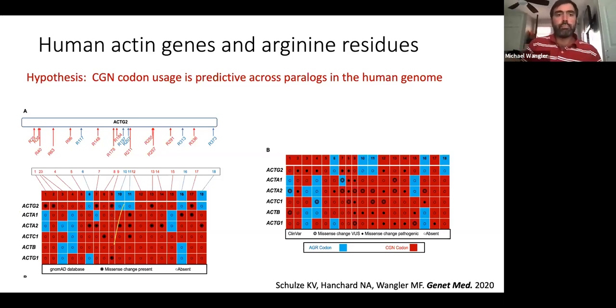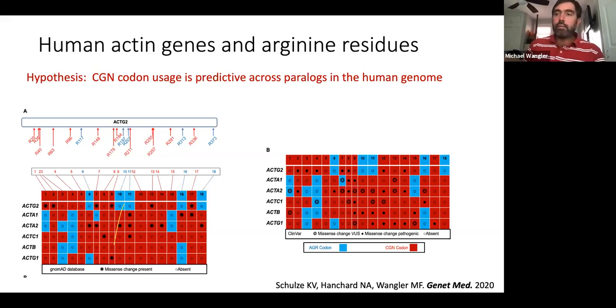And so that's kind of what's shown here, is that we've broken down all of the arginine residues that are encoded in actin. And then in red is shown a CGN codon, whereas blue shows the usage of an AGR codon.